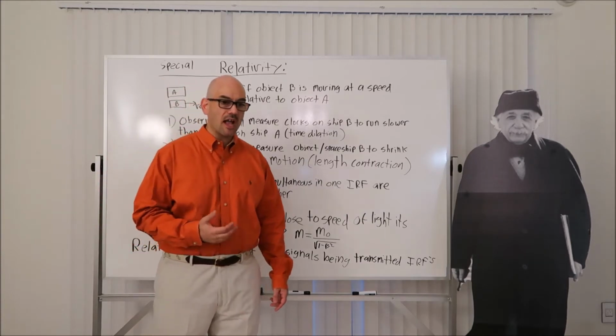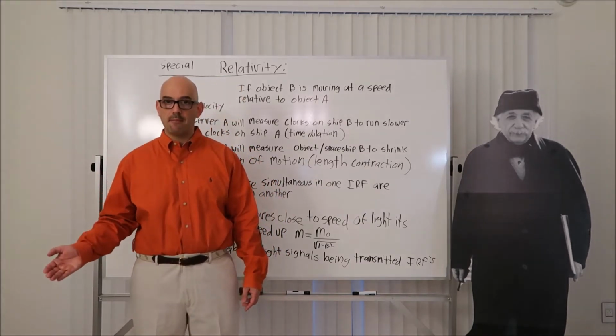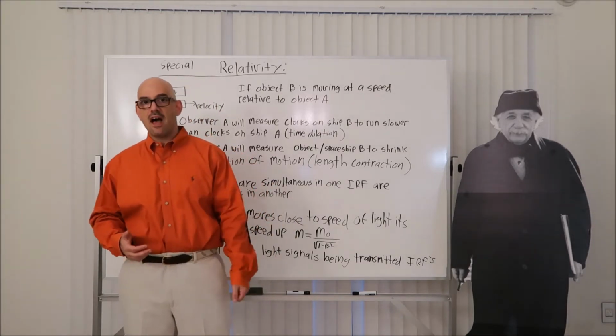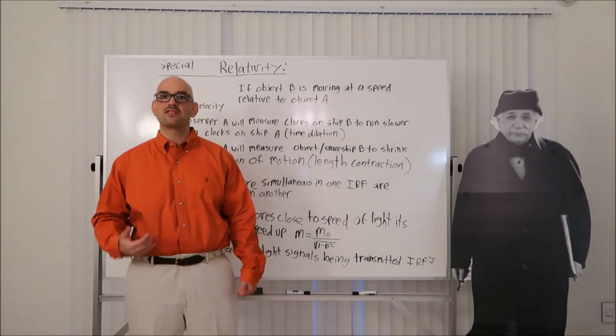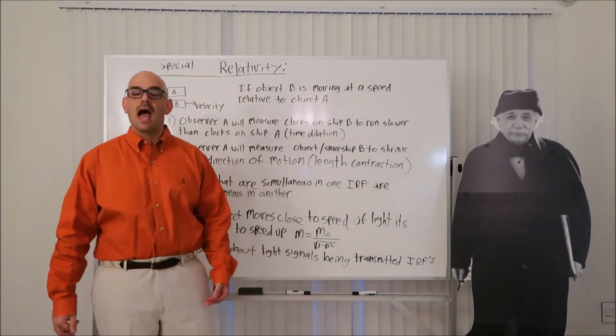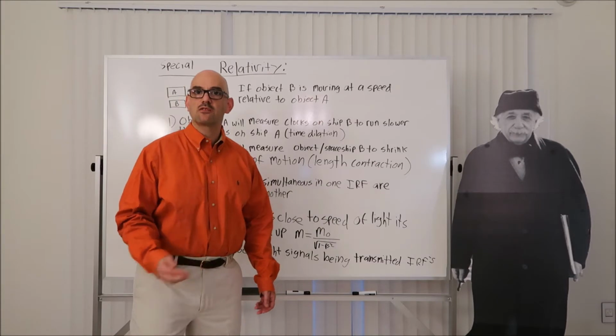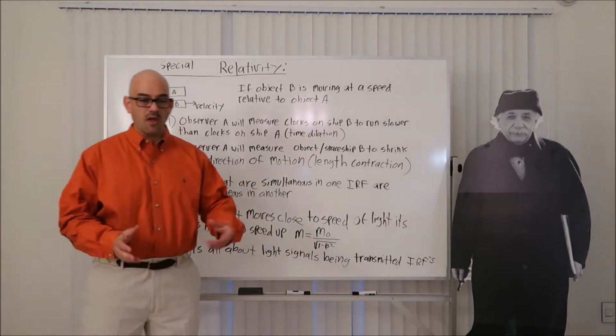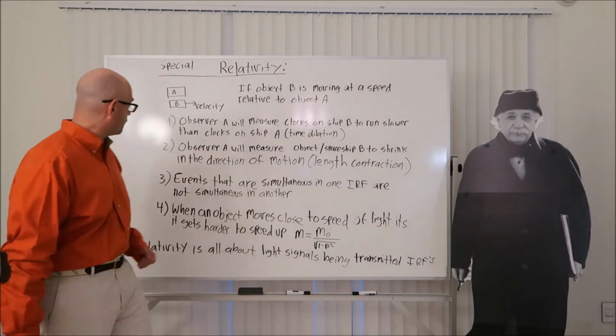If I look at the clock in my own spaceship, more than 10 minutes has passed, because when objects move relative to something else, time slows down for them, and this is called time dilation. Again, I'm just telling you what special relativity is. I'm going to explain it in a few minutes, but first I just want to lay it out there for you. So when an object is moving relative to another object, its time slows down.